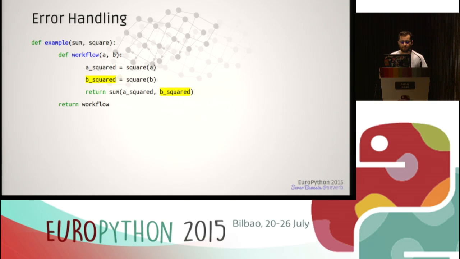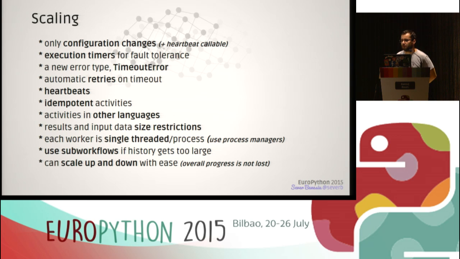So the workflows can also scale by using some of the other backends that I mentioned earlier, the Amazon one or Eucalyptus. When you want to scale, basically nothing changes in the workflow, so you would still use the code that you saw earlier.